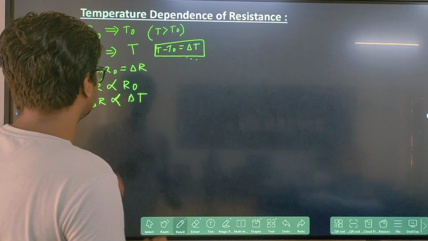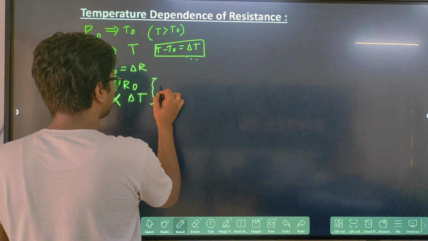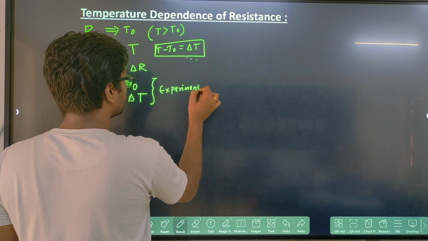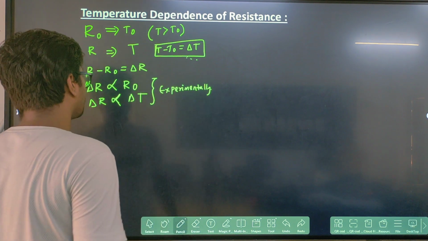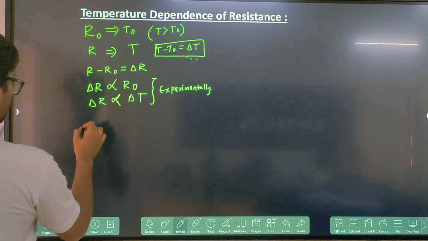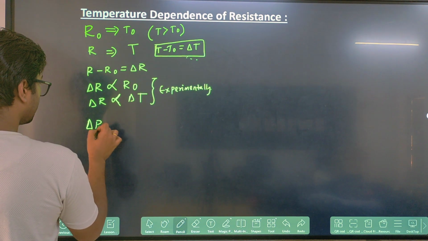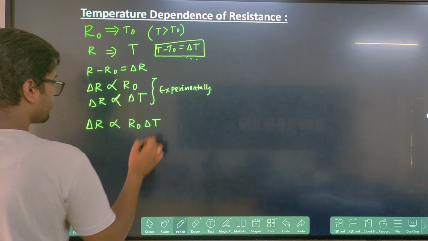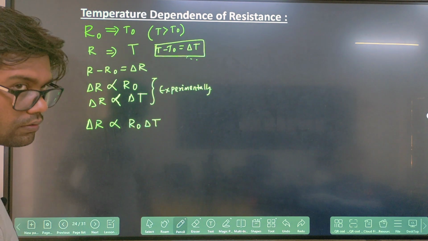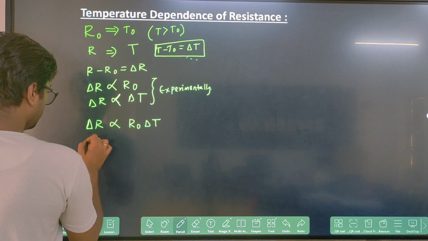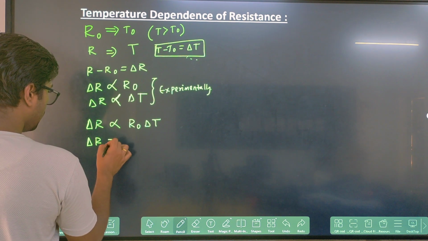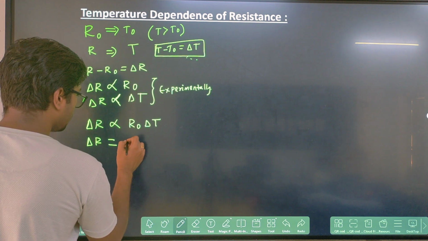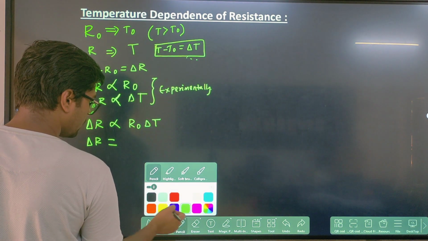So experimentally this will be observed. So you can say that delta R is proportional to R naught into delta T. So delta R is equal to R naught delta T times a proportionality constant. This proportionality constant I am putting as alpha.